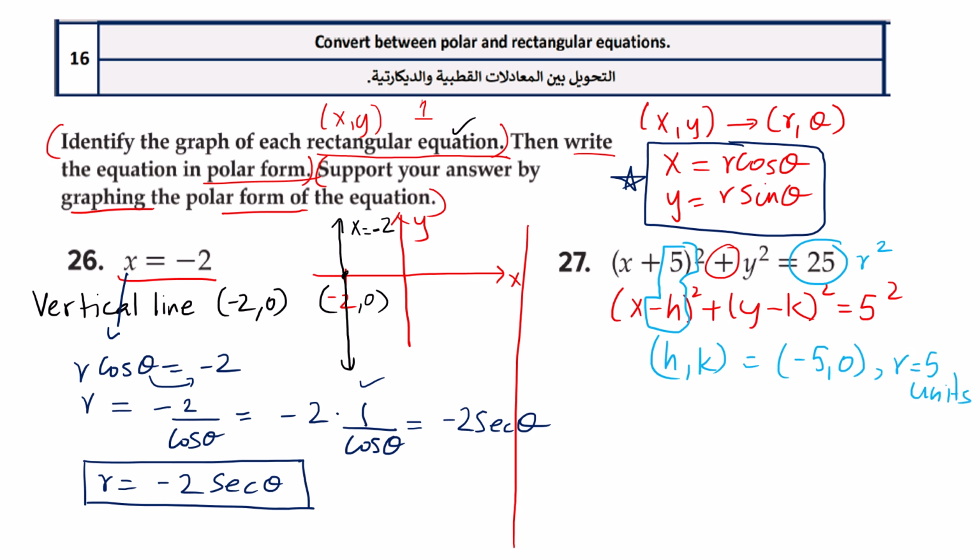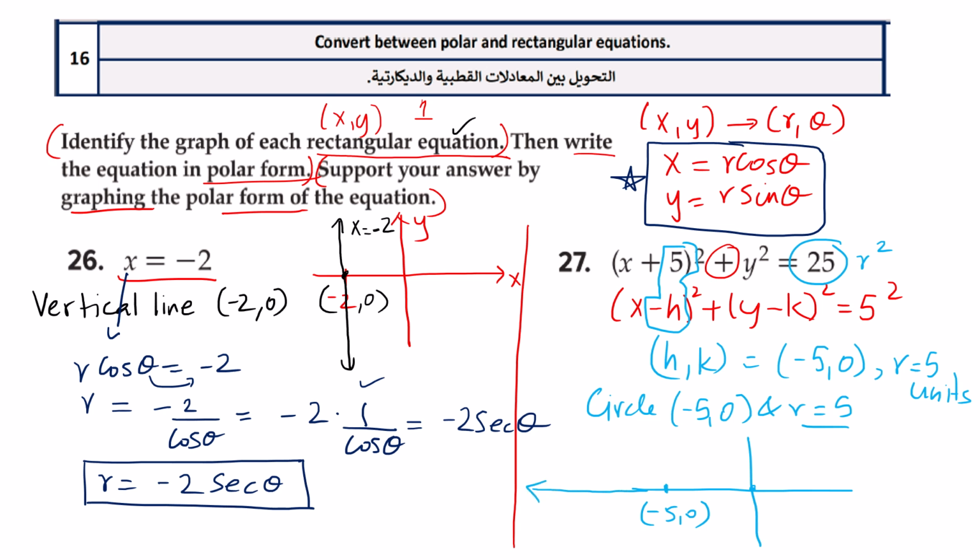So definitely if I want to draw the graph of this rectangular equation, it represents a circle with center minus 5 comma 0 and radius as 5. Okay, so you can always draw it. Go to the rectangular coordinate. Minus 5 means it's here. This is my center. Take the radius as 5, so it's going to touch at 0.